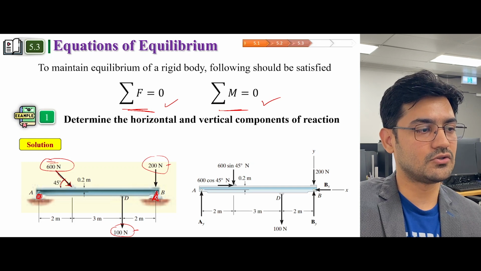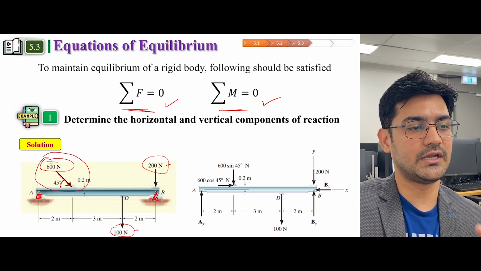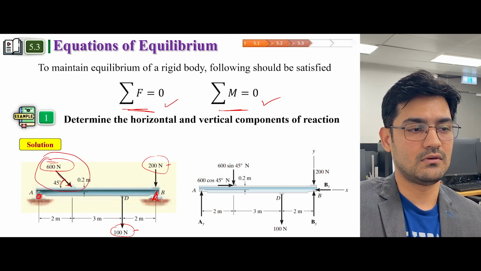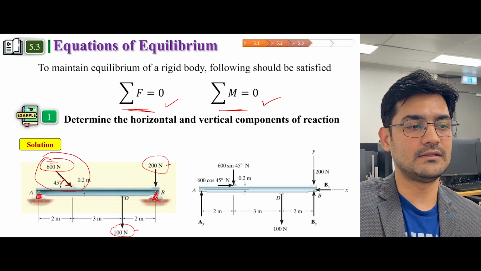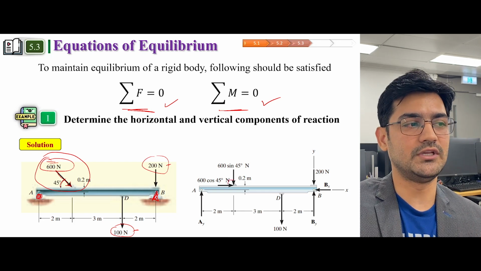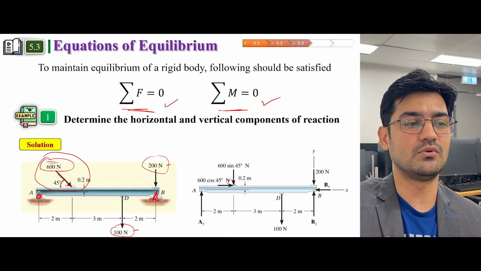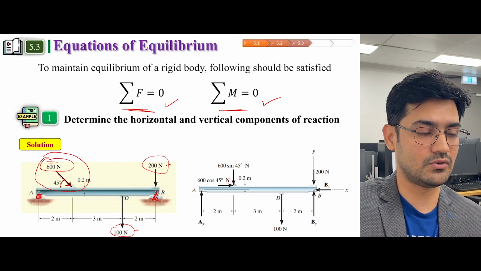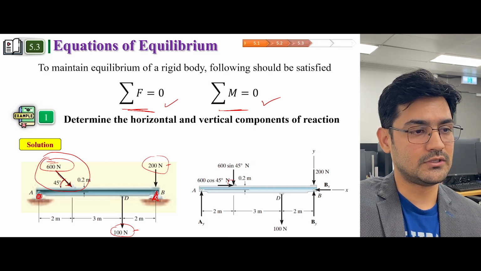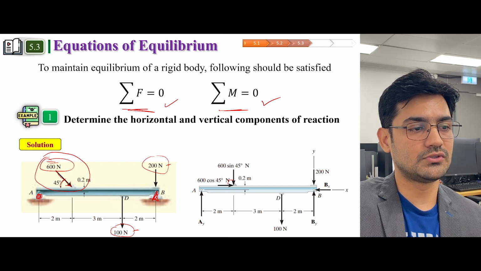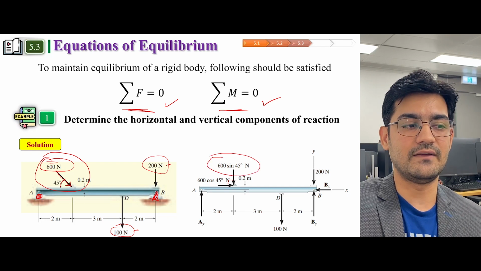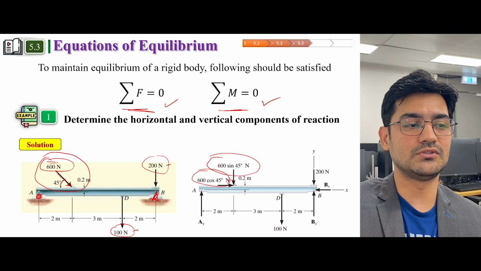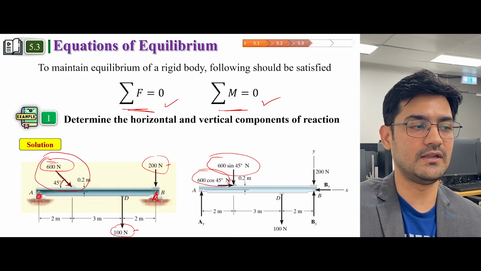Now we can resolve this 600 Newton force into two components, a horizontal and a vertical, and then it would be easier to do the summation of all the forces equal to 0 and the summation of all the moments equal to 0. The vertical force would be 600 sine of 45 degrees, and the horizontal force would be 600 cos of 45 degrees.